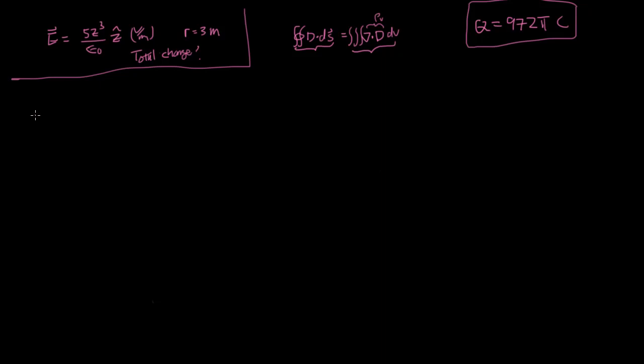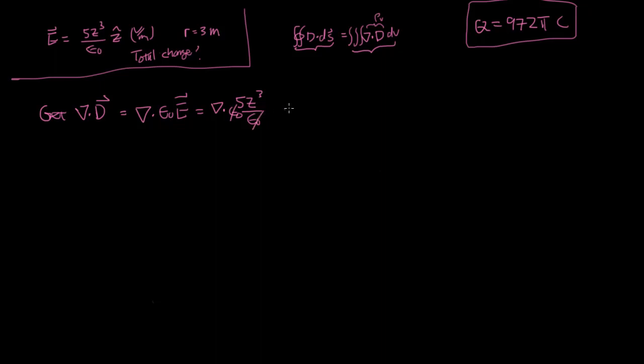So to start out with, let's get the divergence of D, which is going to be the divergence of epsilon E. In this case, right now the Cartesian coordinates kind of work to our advantage because the divergence is a lot easier to do in Cartesian coordinates. So let's just keep it that way. So we have 5z to the third epsilon naught.